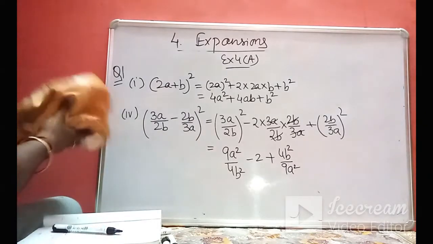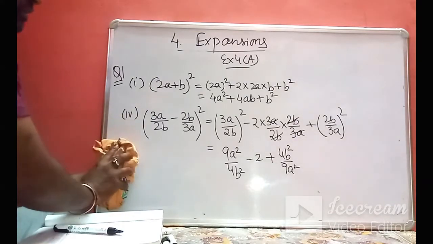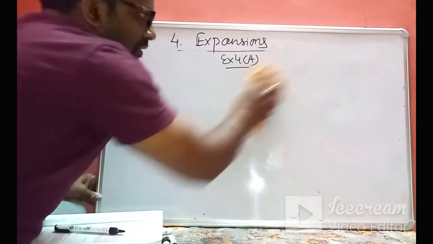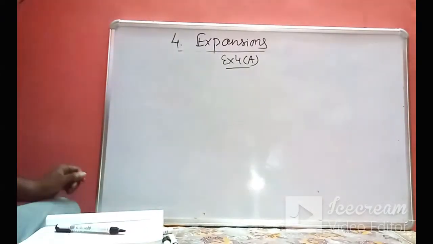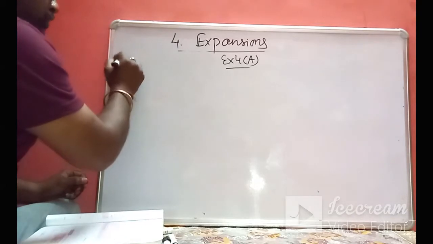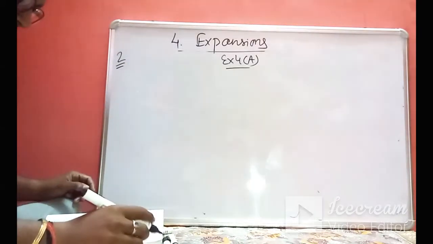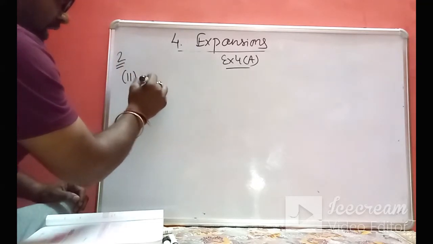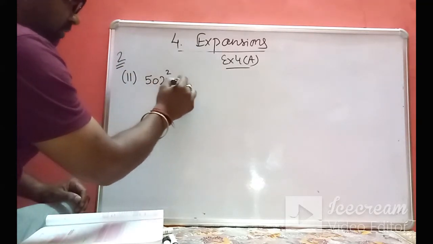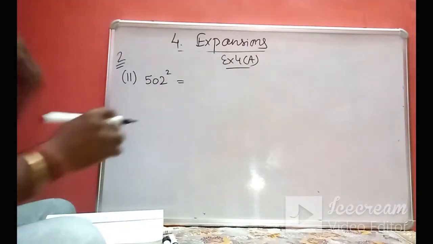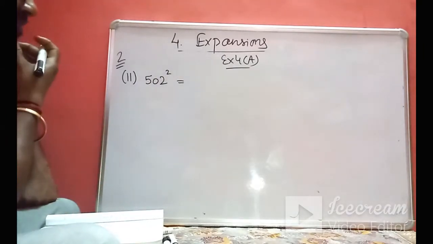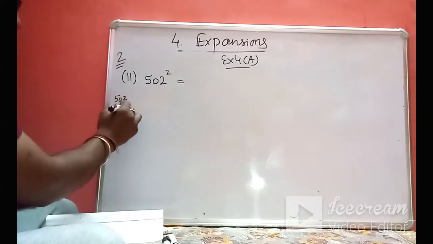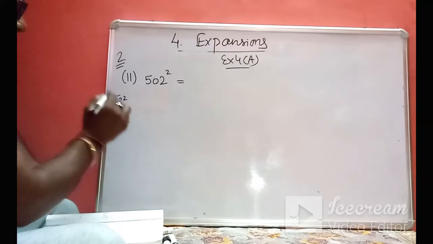In question number 2, we have to use the identities to evaluate. Like, suppose I have to calculate 502 whole square. The method that you used in the junior classes is calculating the square like this: you simply multiply and get the result.